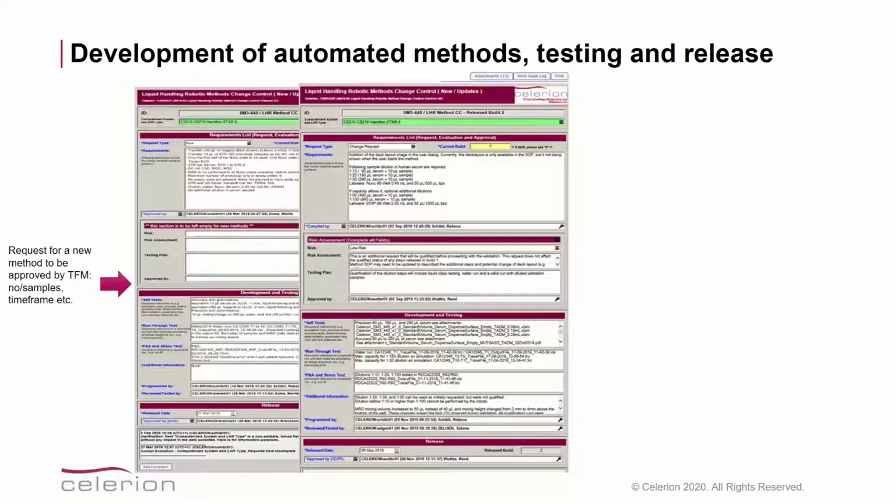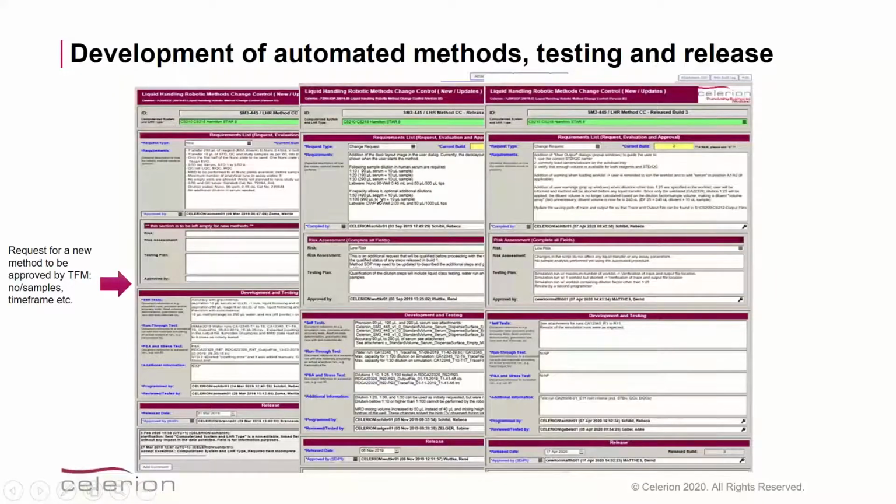Since the method was already released, this new request is evaluated for possible impacts on running studies. This information is taken into consideration to develop a testing plan. After the evaluation and approval of this testing plan, the changes are performed and tested again. After a successful testing and review, a new version is released and the previous one is archived.